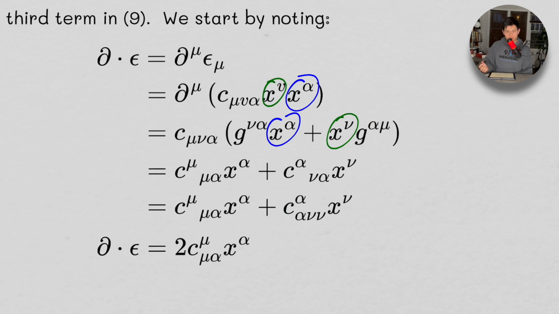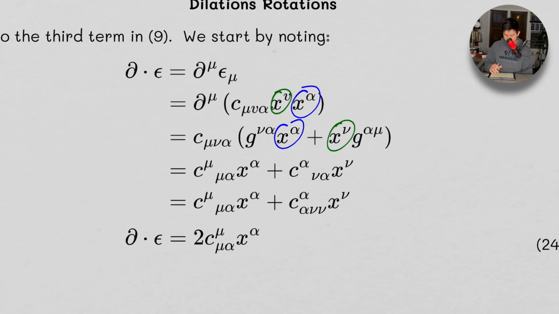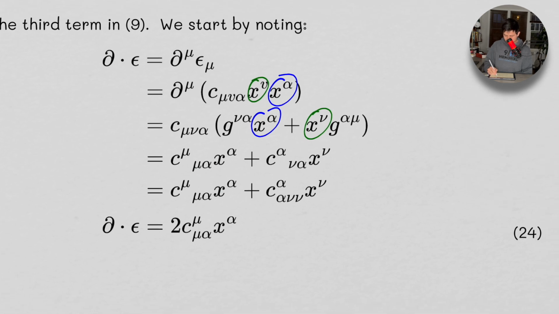This is the product rule. You could sort of think of this as the product rule, or it is the product rule, because these two things are being multiplied by each other. So let's just write that product rule. And then from here to here, we're using the metric to raise indices. And then from here to here, we have mu mu alpha, x alpha, c.